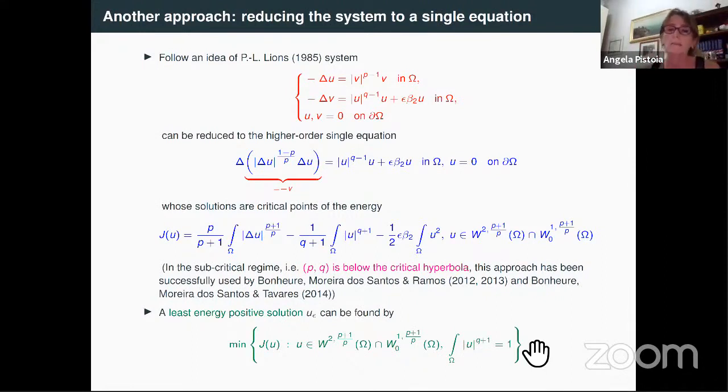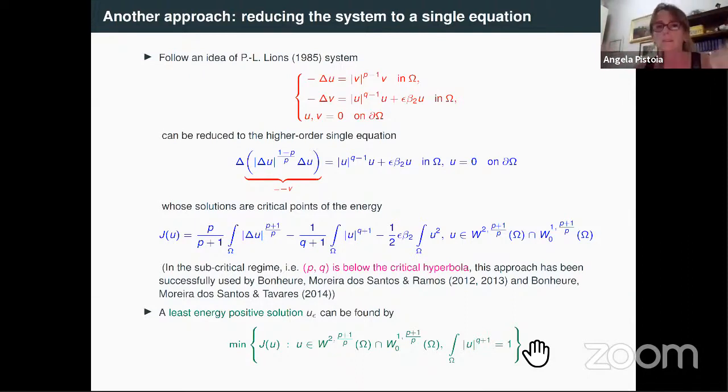So we can find a least energy positive solution to this problem. Okay, so this is similar to what we can do for the Brezis-Nirenberg equation. So now we have a solution to this problem, which is a least energy solution.